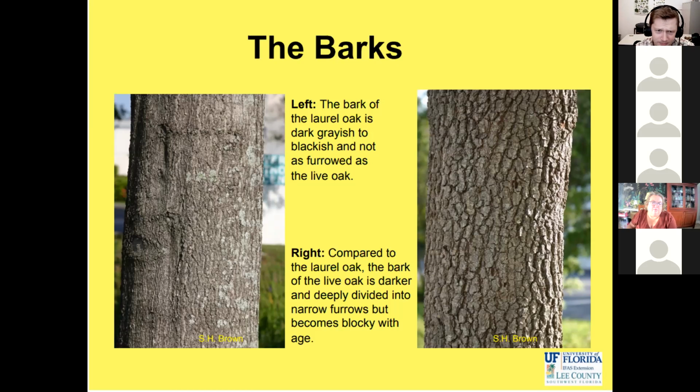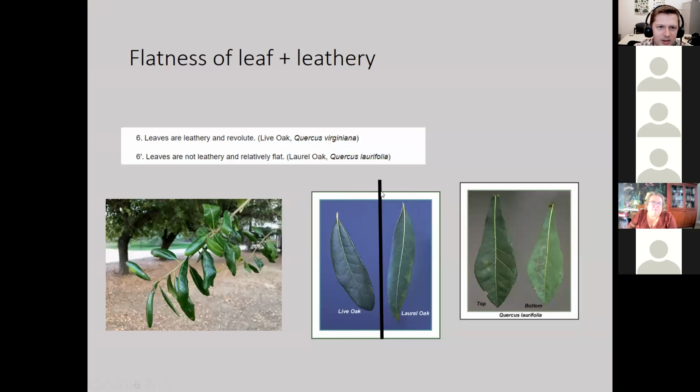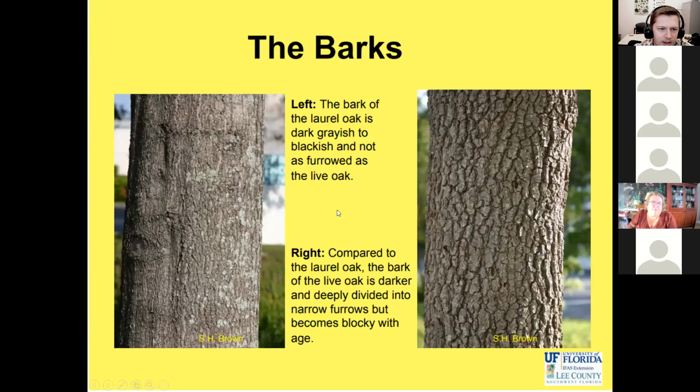So let's start with the bark, comparing the laurel oak and the live oak, like what I just showed you. On the left-hand side, you can see that this tree has kind of flat, smooth bark, and it's dark gray to blackish, and it's not very furrowed.